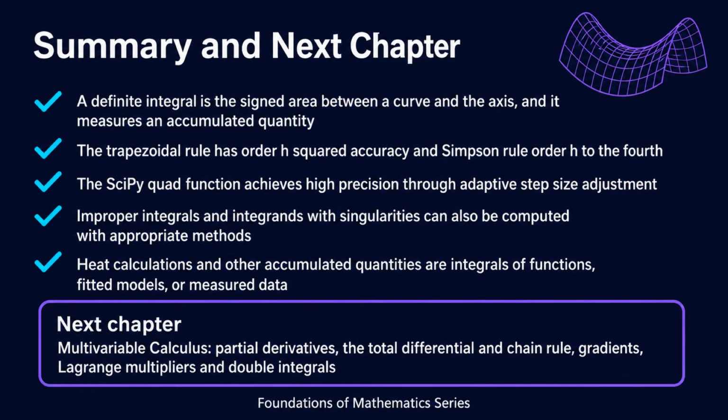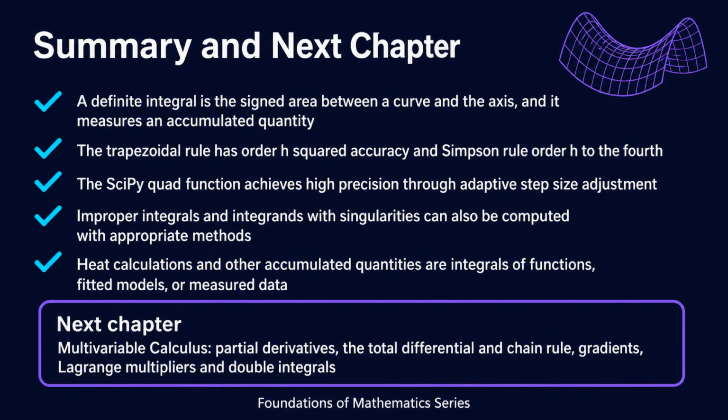A definite integral is the signed area between a curve and the axis, defined as a limit of Riemann sums, and it is the tool for accumulated quantities. The fundamental theorem collapses that limit into a subtraction of antiderivative values, and it is what makes differentiation and integration inverse operations.